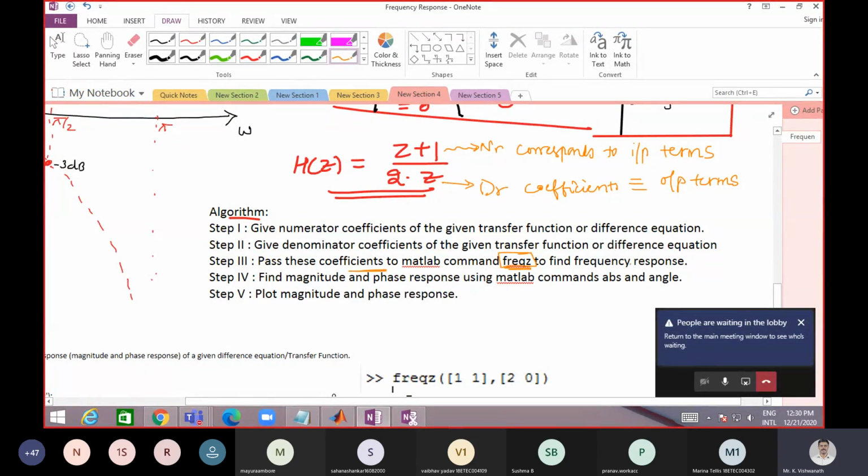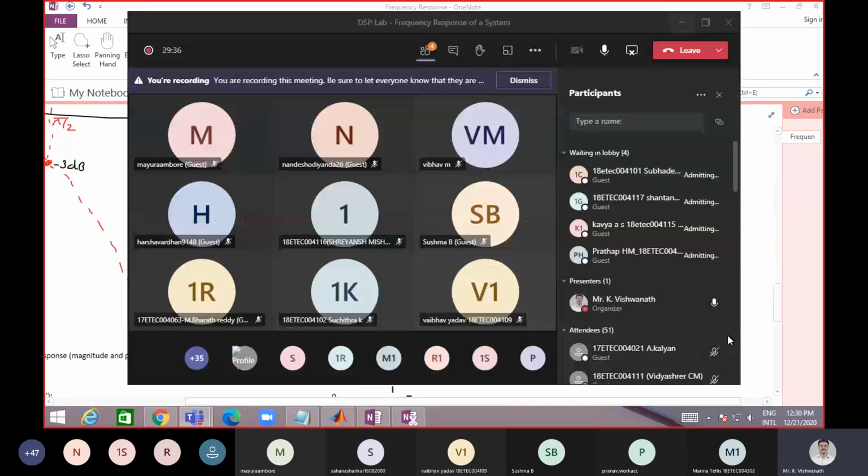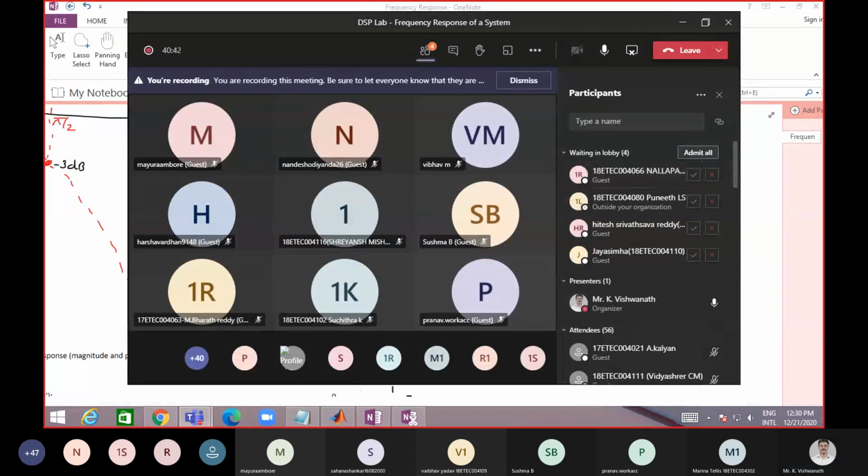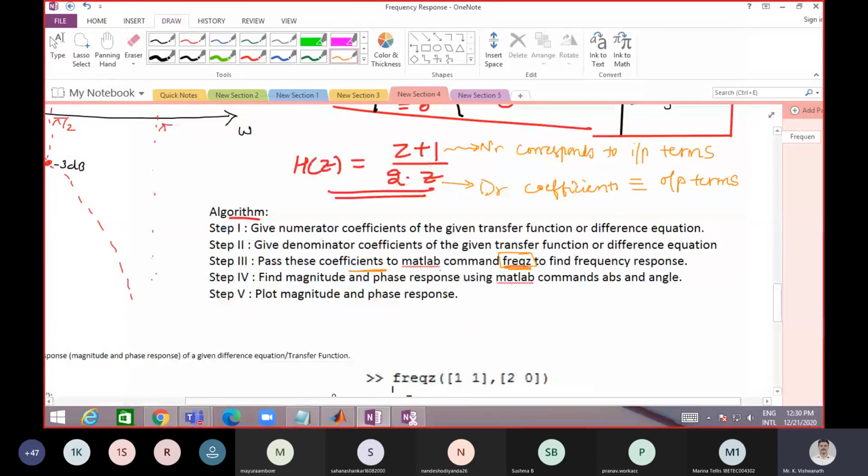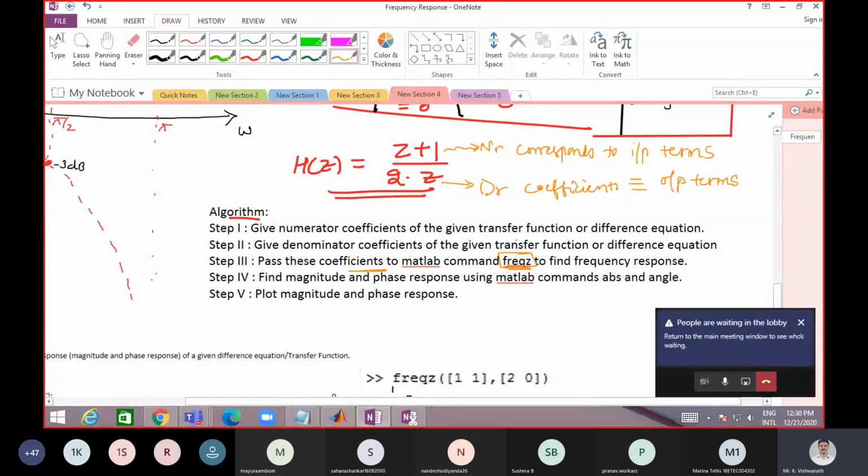We get the frequency response, but we want the magnitude and phase response. So the magnitude and phase response will be plotted using again the built-in functions, the abs command and angle command.